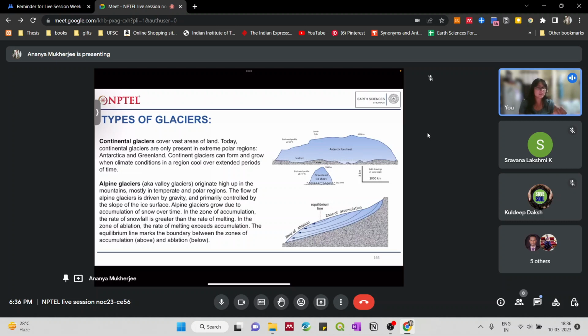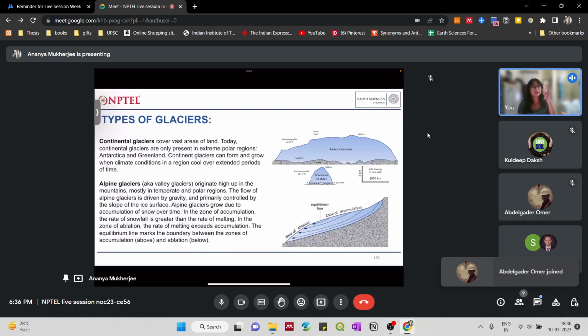In continental glaciers, if you have read news or seen videos, you can see that they usually start cracking from the top, and then they break off. For continental glaciers, deformation is usually the most dominant way of moving and breaking off.